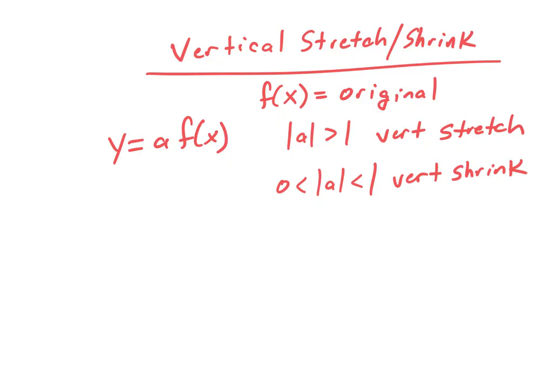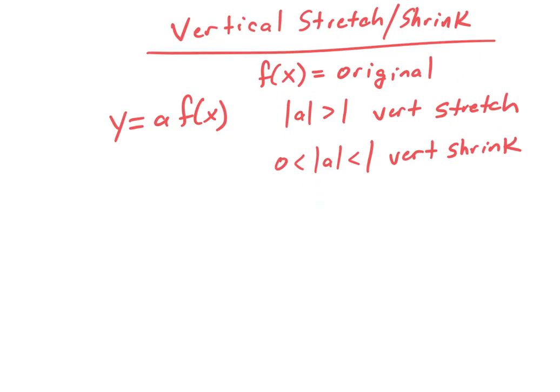And so it's going to get really fat as I smash it. And the more that I smash it, the wider that it gets. And so the same thing here will hold true, okay? The bigger or the smaller the number is going to change how much it shrinks, but when I shrink, it's going to make it widen, okay? So that's what we call vertical stretch or shrink.